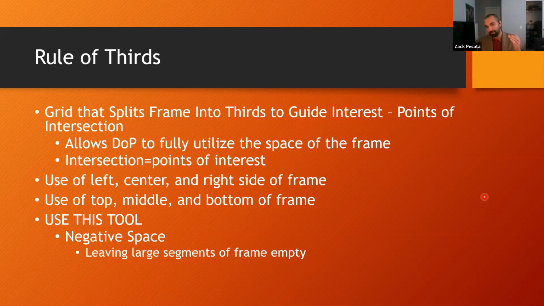But another way is that it just allows the director of photography to fully utilize the space of the frame. It's the use of the left, center, and right side of the frame, use of top, middle, and bottom of frame. Please use this tool when breaking down a composition. I want you to be this specific.